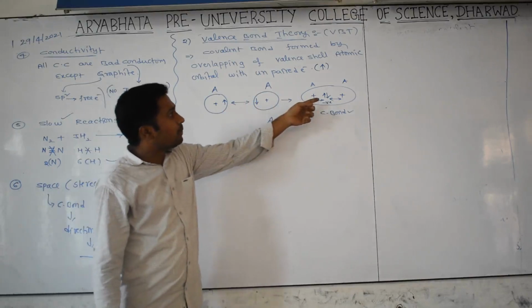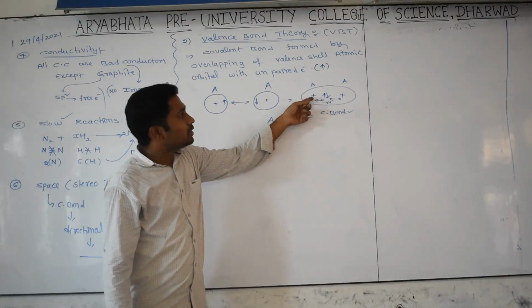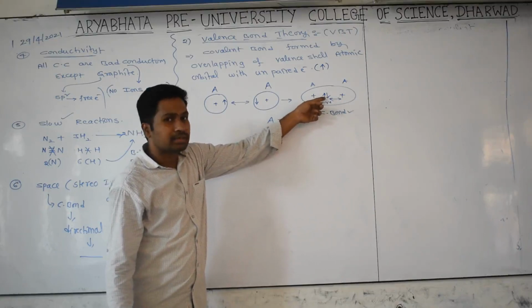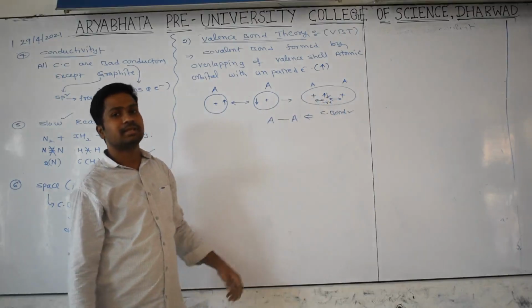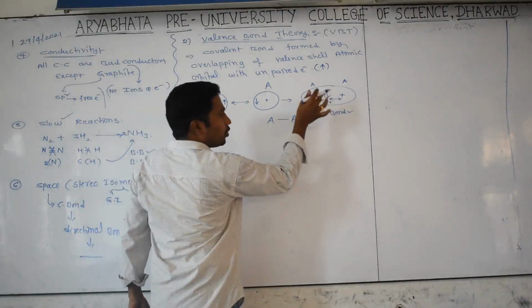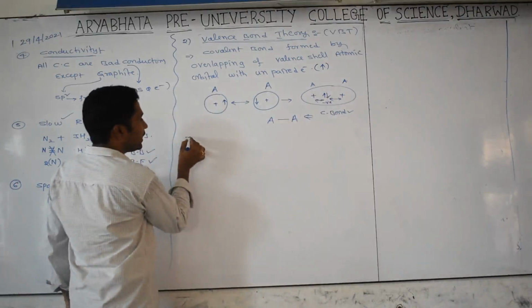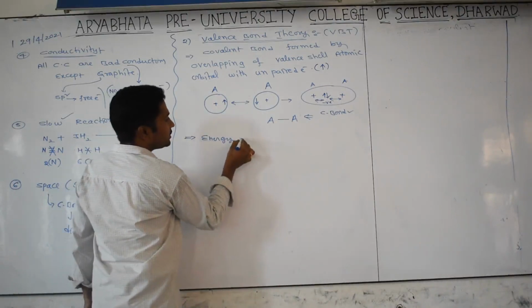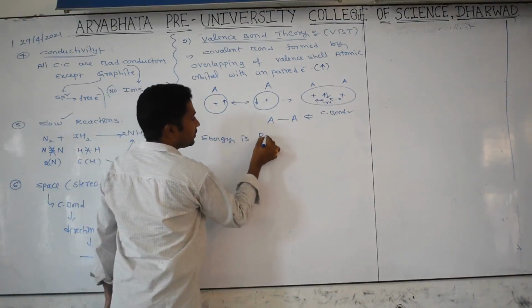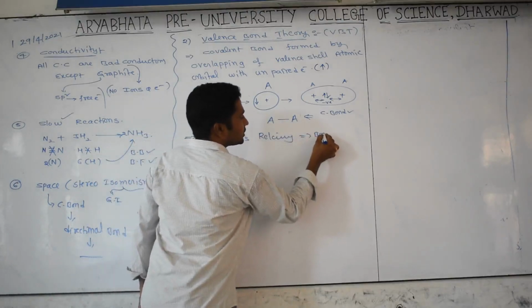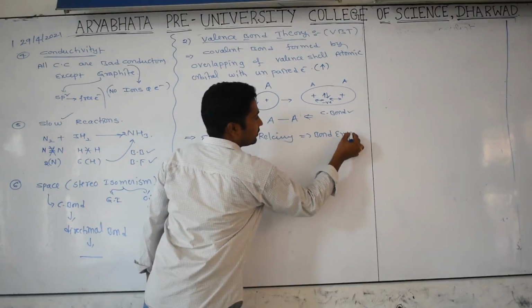After overlapping, a pair of electrons appears between the two bonded atoms. Then they have attraction with the nucleus, and the force of attraction is called a chemical bond. After all this, what happens? Energy is released. That we call bond energy.